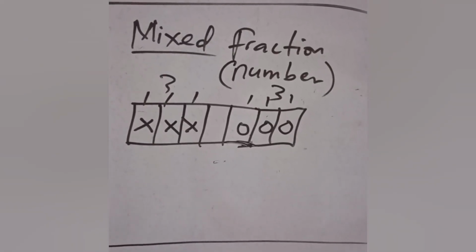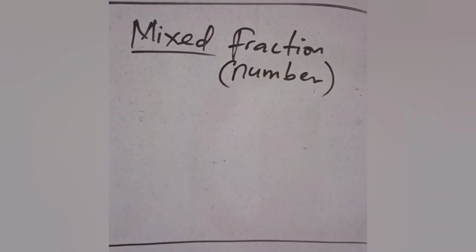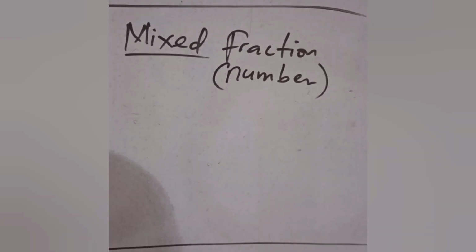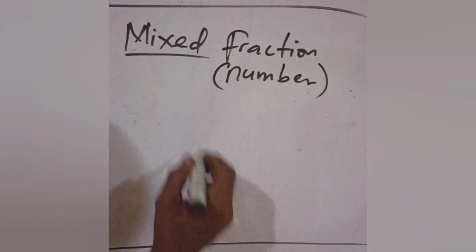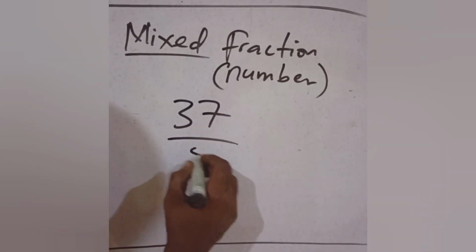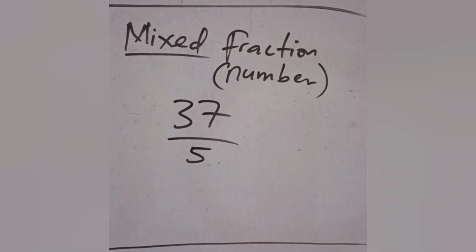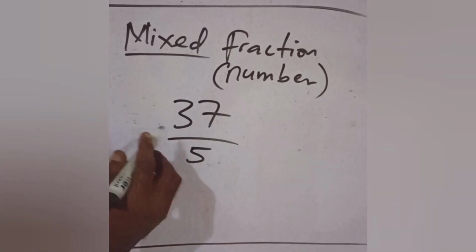Hopefully this helps to try to do more breakdown. If in doubt, practical ideas, if possible, we can come up with experiments to help. So let's take another example. Let's say we have 37 divided by 5.